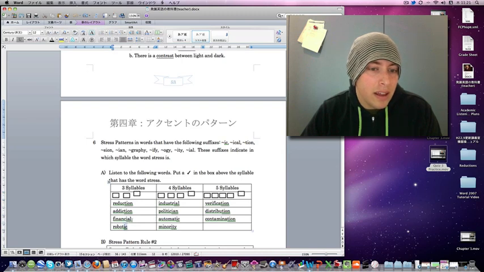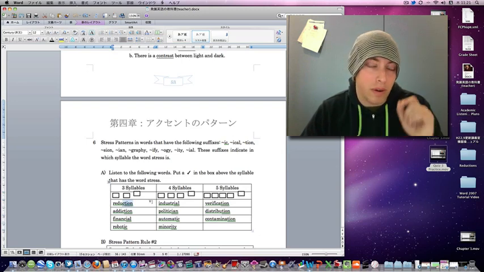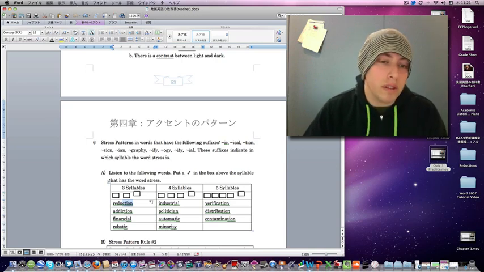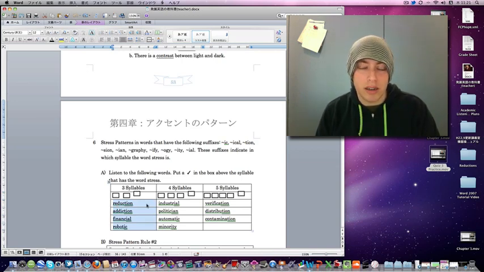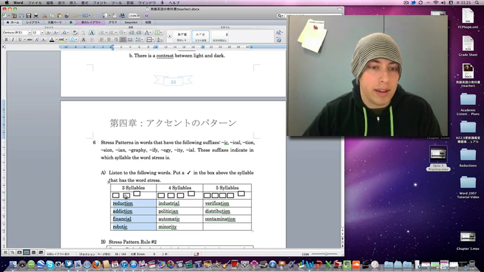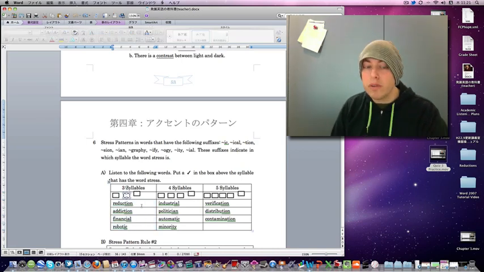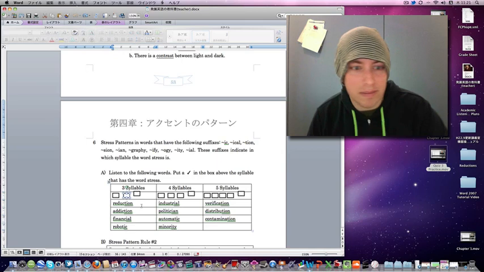Also notice that the suffixes in these words are the ones listed above. If these suffixes are in a word, the word stress is always in the same place. Ready? Here we go. These four. Reduction, addiction, financial, robotic. Hope you've noticed that the second syllable in all of these words had word stress.